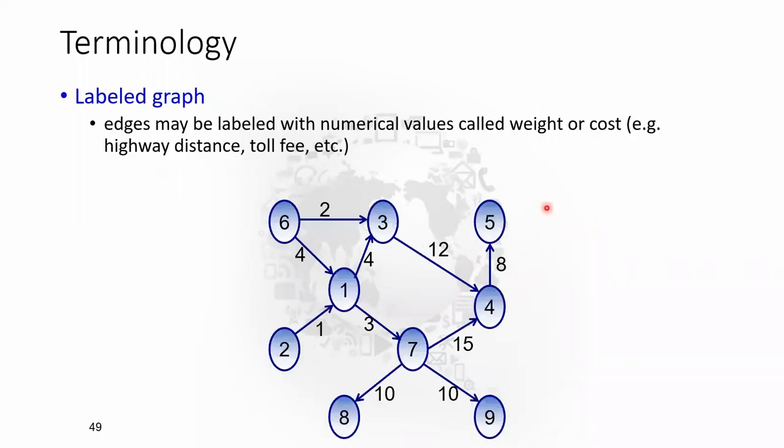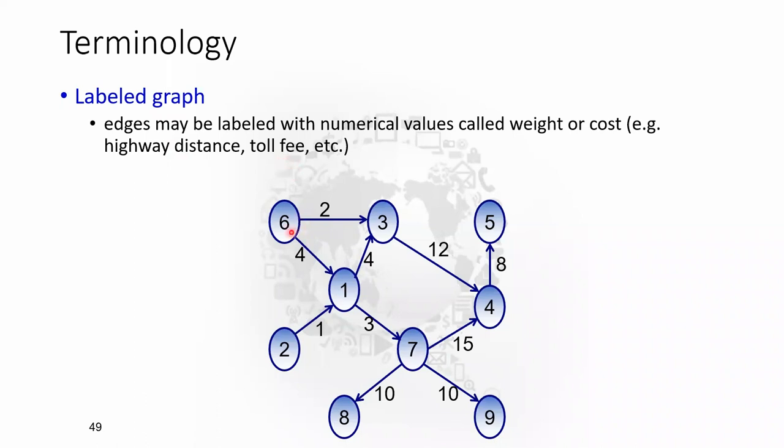Labeled graph is basically the same as the directed graph shown over here. It's just that previously it didn't have weights on the edges, but now we can see there is a value on the edge. This is what we call weight or cost. What does this weight or cost mean? If we are talking about going from one destination to another, it can be the distance, like how many kilometers, or it can be the toll fees.